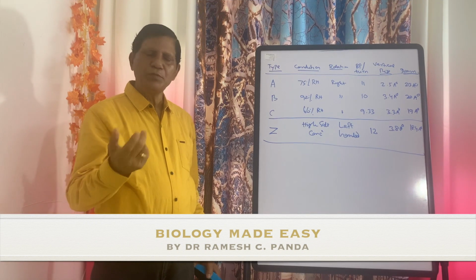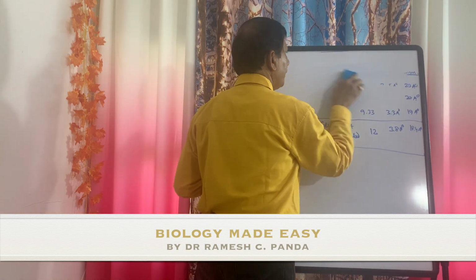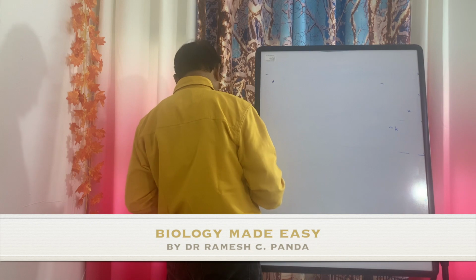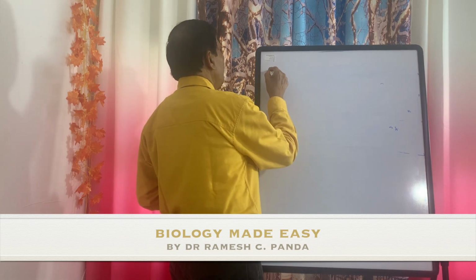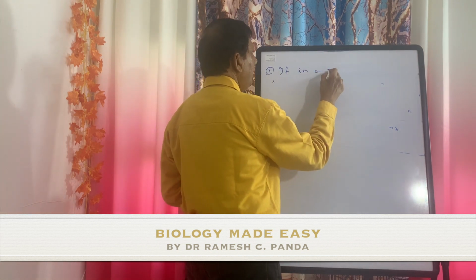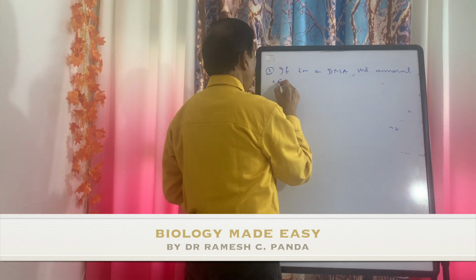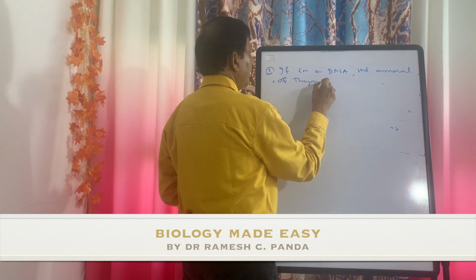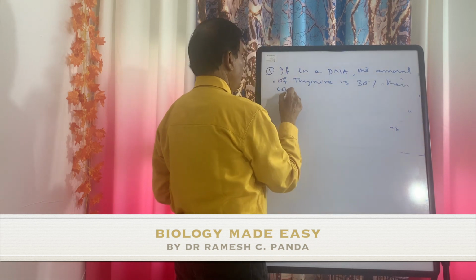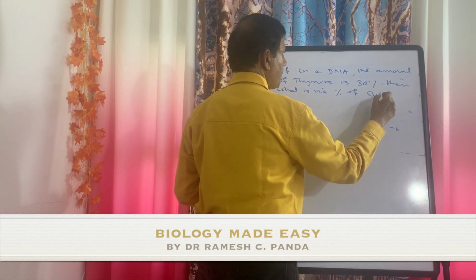Now, I will give you a few questions. The first question: if in a DNA the amount of thymine is 30%, then what is the percentage of cytosine?